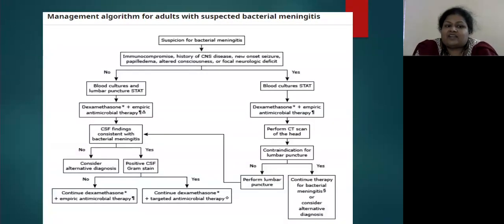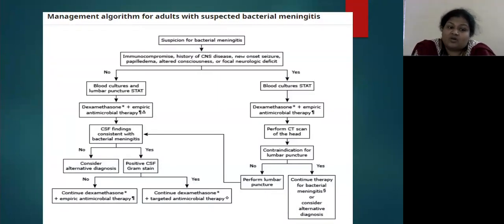So finally, the management algorithm would be that if you suspect bacterial meningitis, take a blood culture. If there is a proper clinical presentation of meningitis, then it is pretty straightforward. You take a blood culture and start empirical antimicrobial therapy, plus or minus dexamethasone.